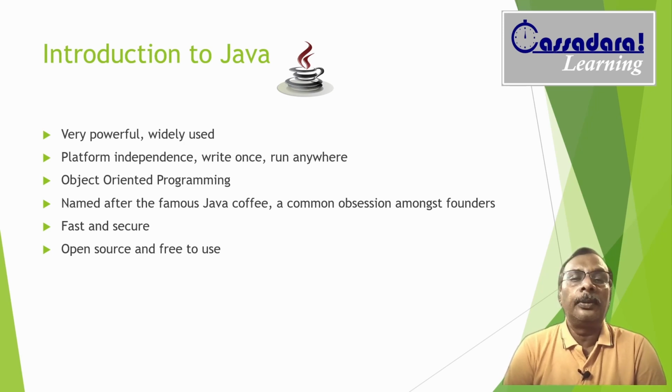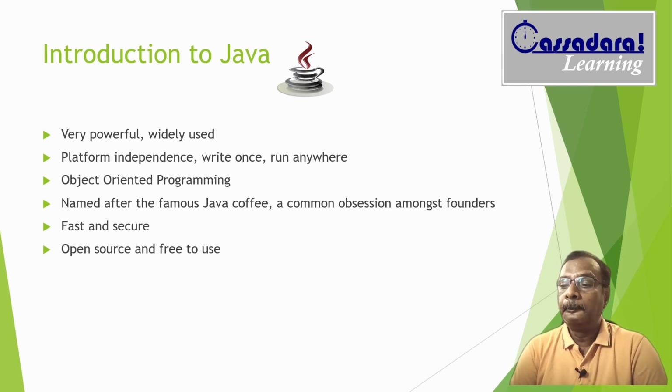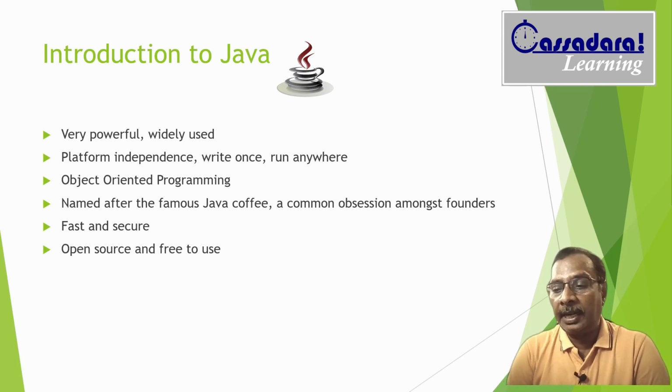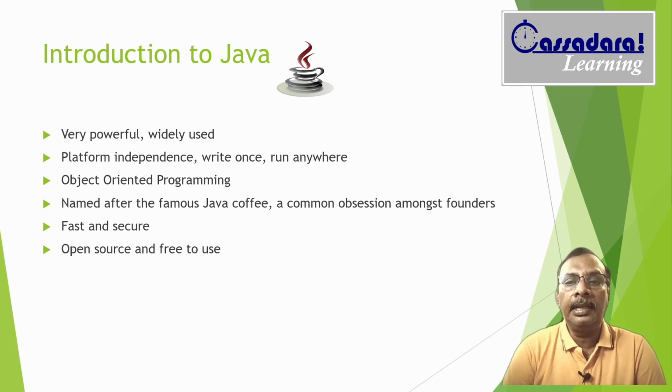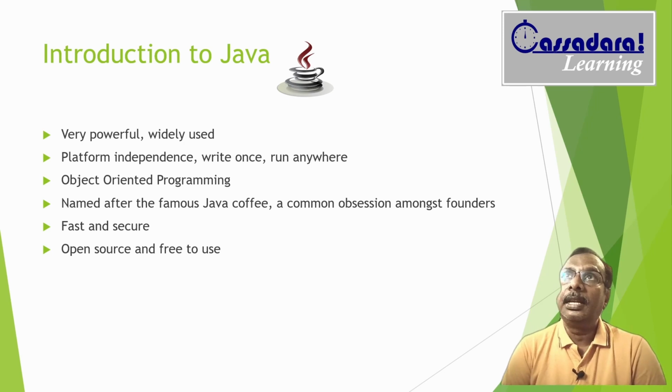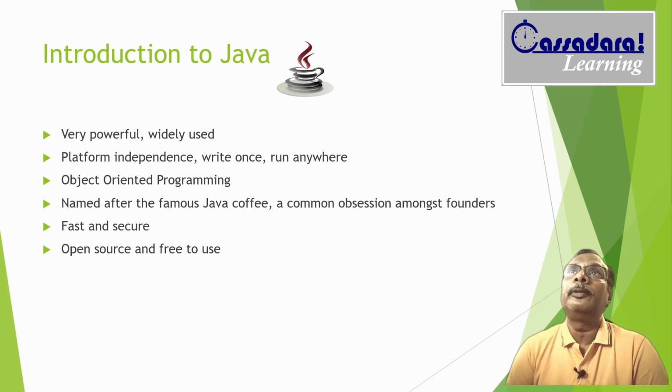And why is it so popular? Because of its platform independent nature. For example, you write a program in C or C++ on your Windows operating system platform. The program that is compiled on that platform can run only on that particular platform, which means Windows. Whereas with Java, you can write it on a Windows platform, compile it, and then it can be run anywhere.